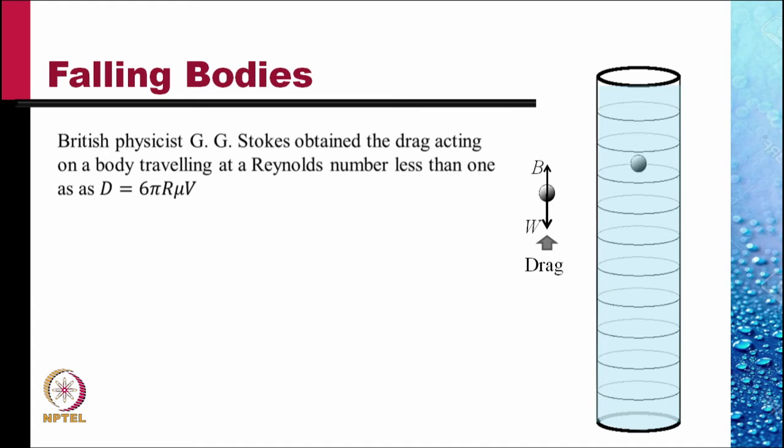Let us now talk of the falling bodies. We have talked of the terminal velocity, which is the velocity that a body acquires under the action of its own wet weight and the drag in the fluid it is moving.